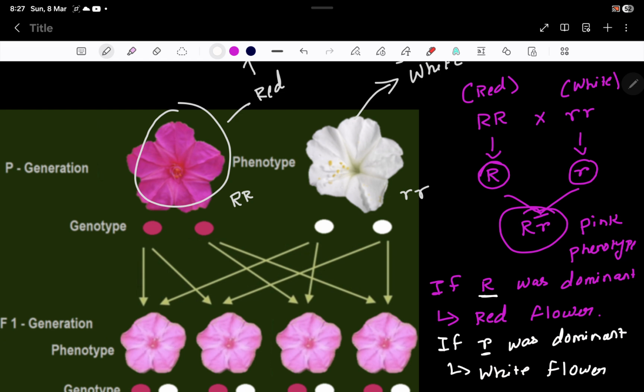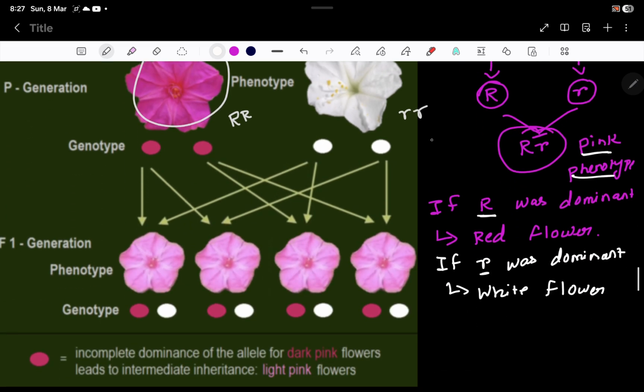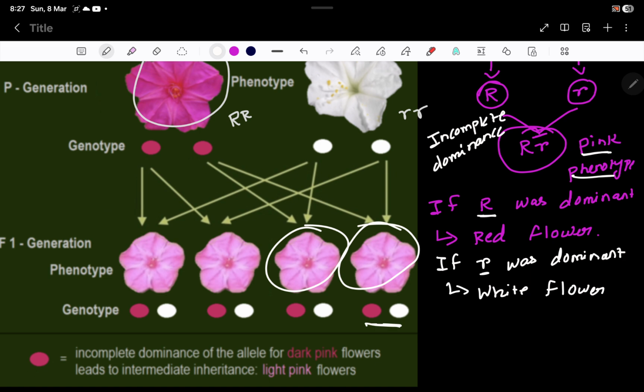But in this case, none of the alleles are dominant over each other. So it will show incomplete dominance. Pink color phenotype of flowers will be produced.